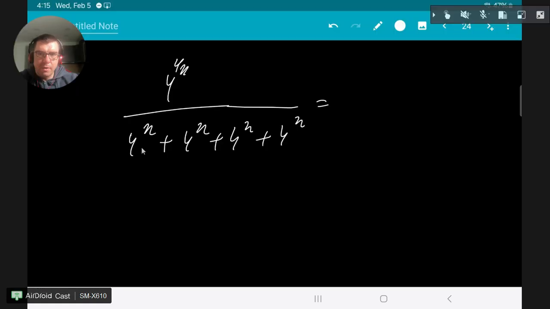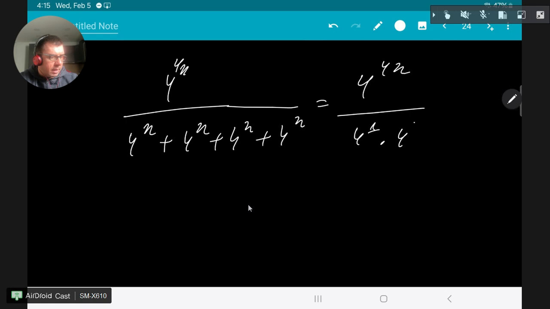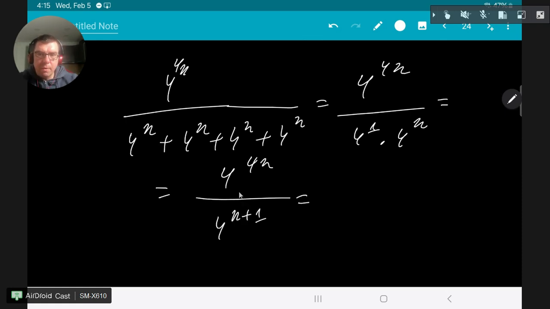Let's write this down. So I'm multiplying this number by 4. So I get 4 to the power of 4n over 4 to the power of 1 times 4 to the power of n, right? And by applying the first property, I add the exponents in the denominator, so I get 4 to the power of 4n over 4 to the power of n plus 1. And now I'm going to apply the second property, which tells me that if I have a division of powers with the same base, I just subtract the exponents.